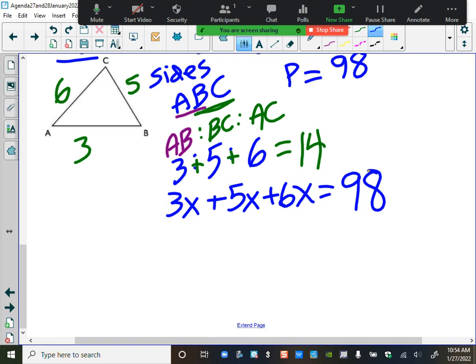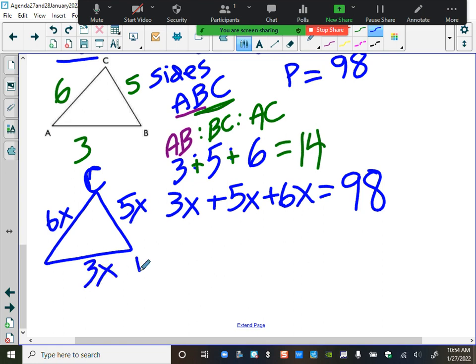That's our goal because this was our original. Now we want to find that number x: 6x, 5x, 3x. That's what I want us to find in the end. That was the connection.